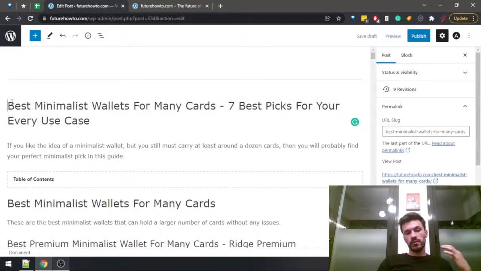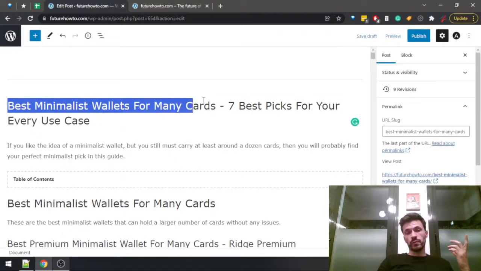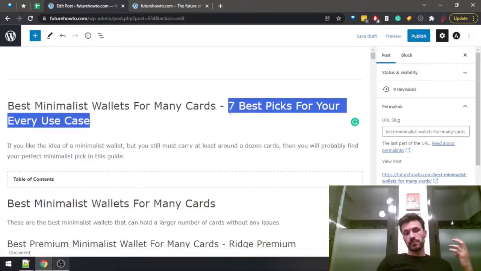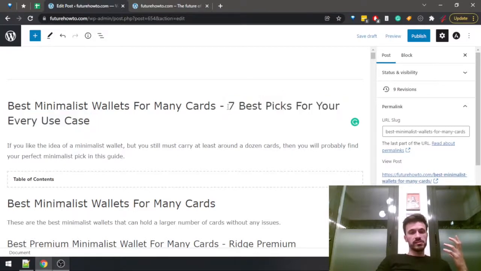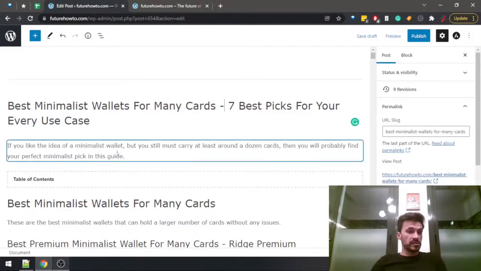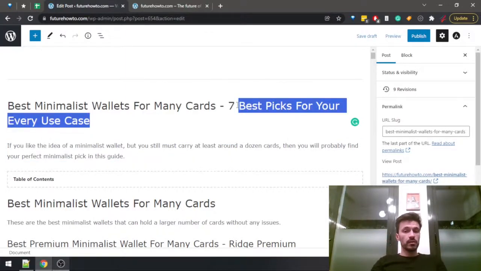So most of the competition, when they write this article, their title is gonna be just this. By adding this second little copywriting trick, first of all, you're capturing twice as much real estate in the Google search results, and maybe this title is gonna get cut by Google.